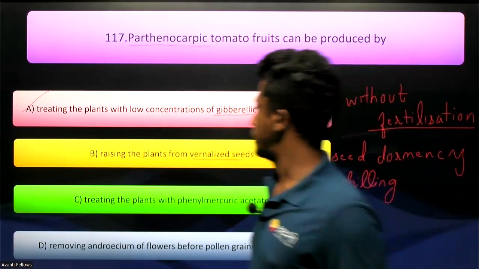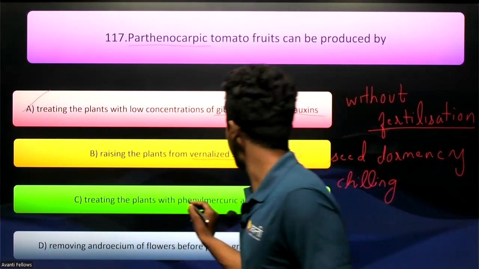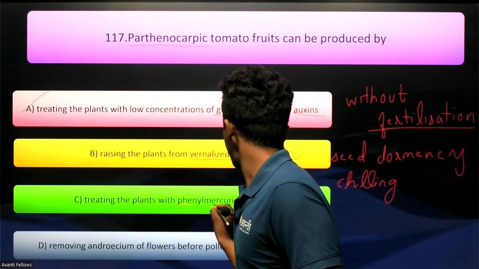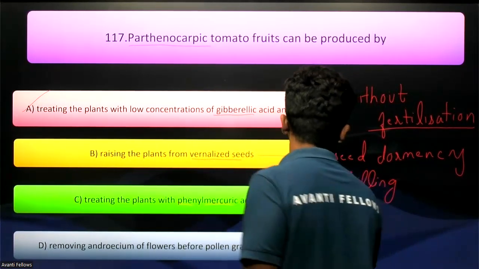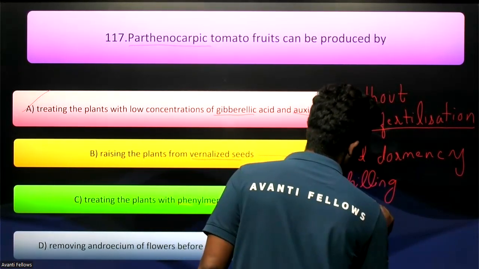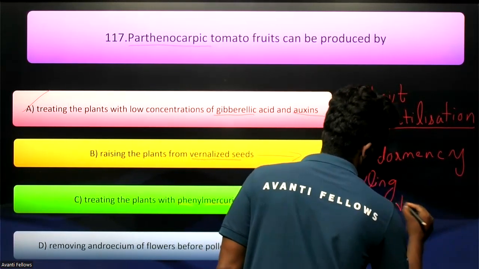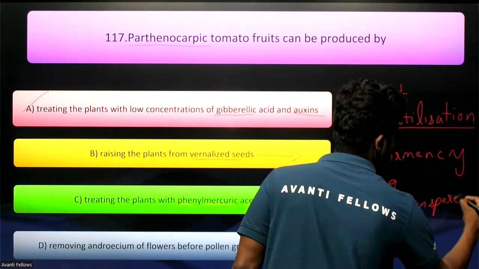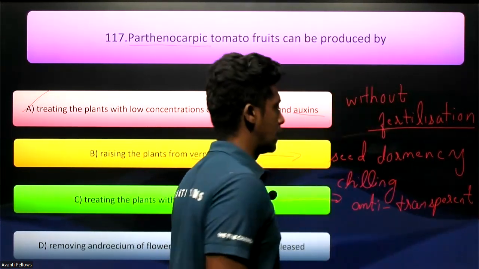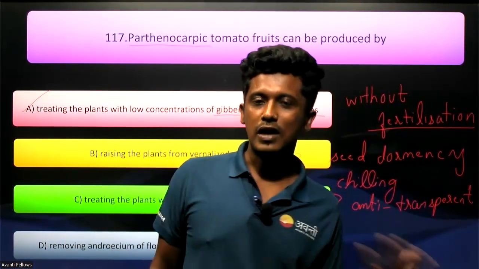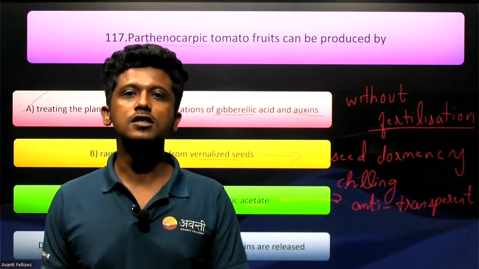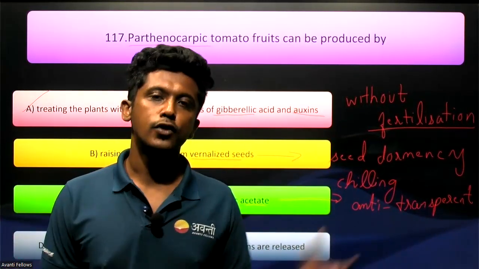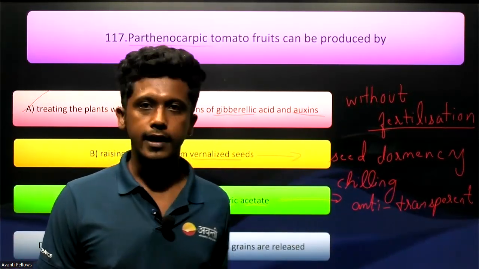Next one, treating the plants with phenyl mercuric acetate. Phenyl mercuric acetate is actually an anti-transpirant. Have you heard about transpiration and anti-transpirants? Transpiration is a process where water is lost through the stomata during the daytime, correct, right?